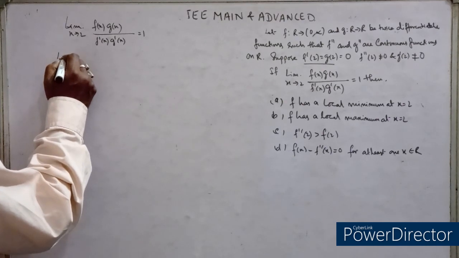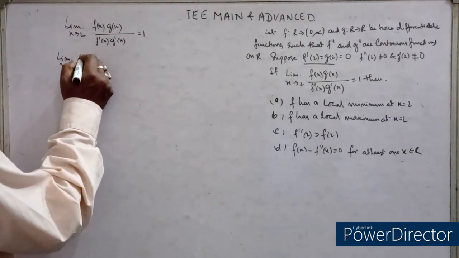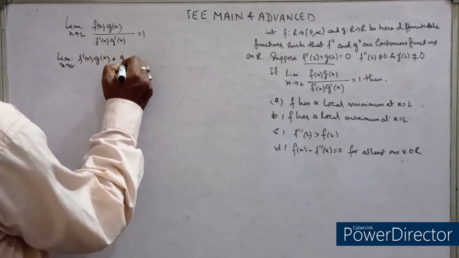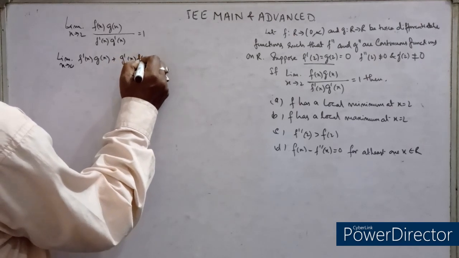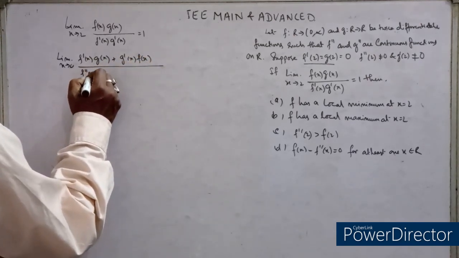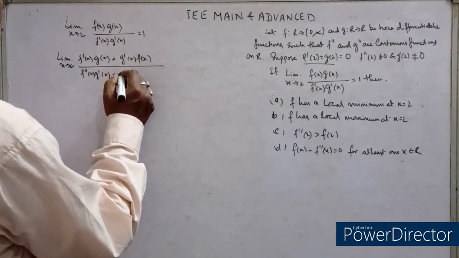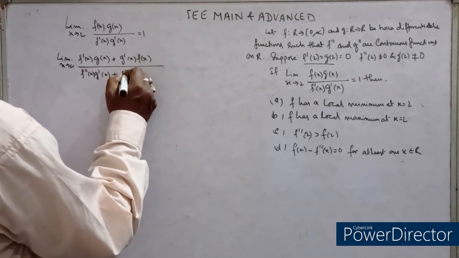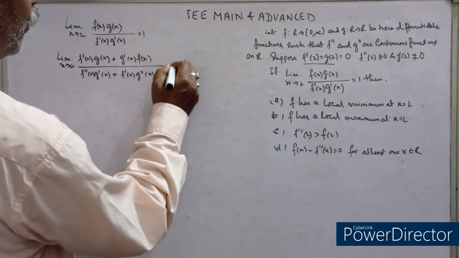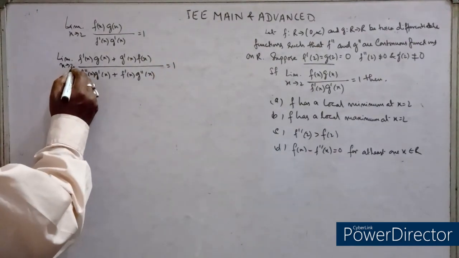When I take this L'Hospital rule, you see that it is the product rule. So f dash x g x plus g dash x f x by f double dash x g dash x plus f dash x g double dash x equal to 1. Oh, sorry, not 0, this is 2.